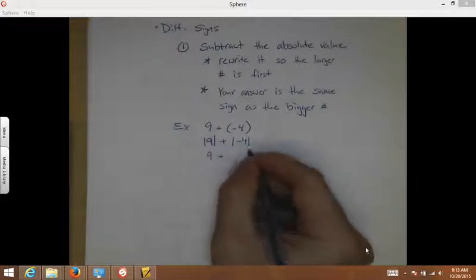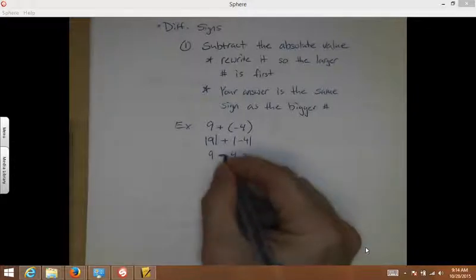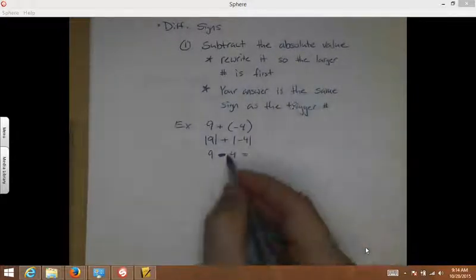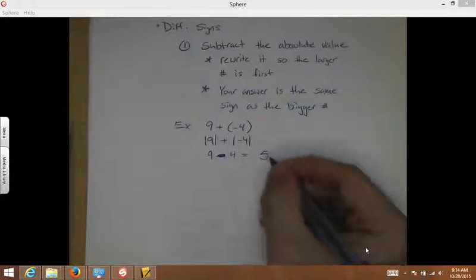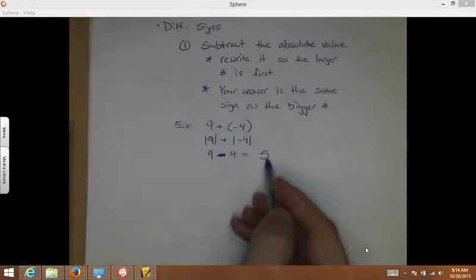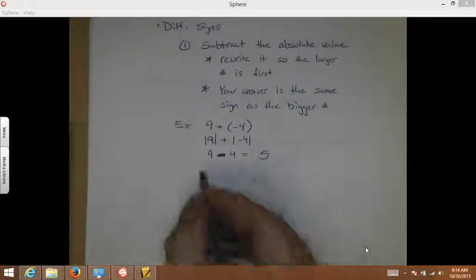Absolute value of -4 is 4. And remember, you subtract the absolute values, so this is going to be a subtraction sign. 9 minus 4 is 5. So the answer to 9 plus -4 is 5. The bigger number had a positive sign. This has a positive sign.